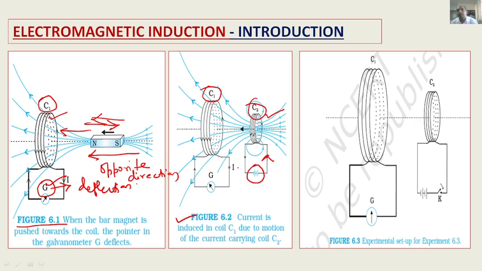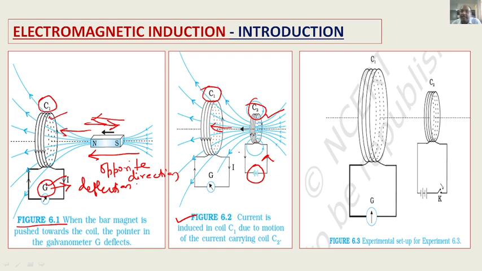A source of EMF, that is a battery, is connected to the coil C2, and when that current carrying coil is moved suddenly at some speed towards the coil C1, the galvanometer shows deflection. It means an induced current is set up in the coil C1. And when the same coil is pulled back suddenly, again the deflection is observed in the galvanometer, but in the opposite direction.